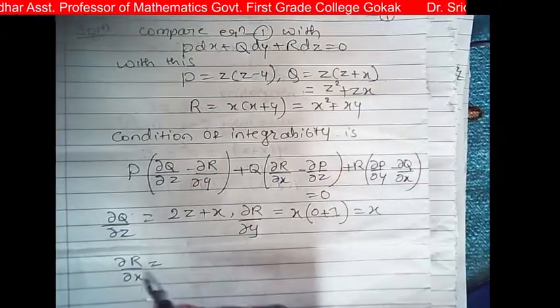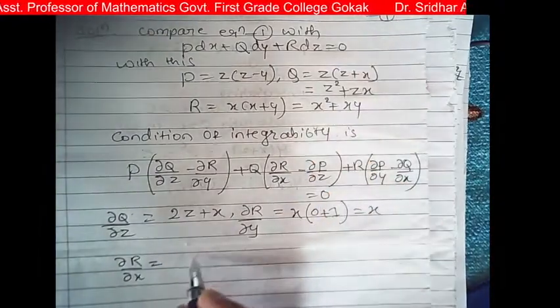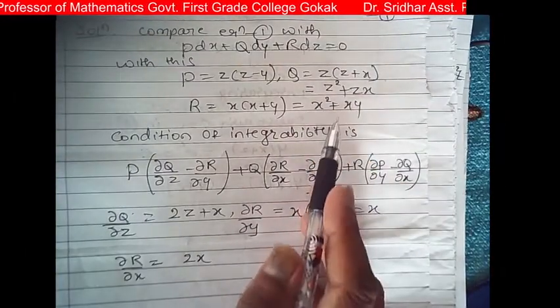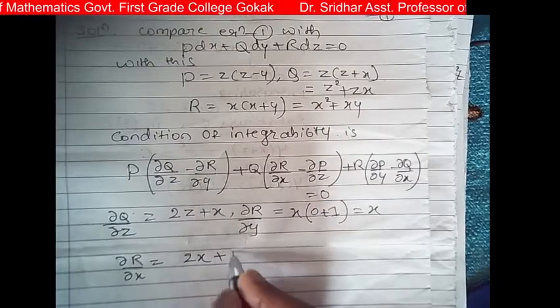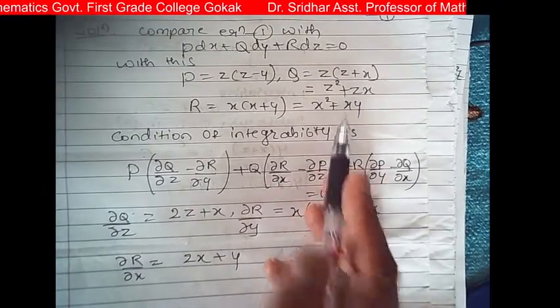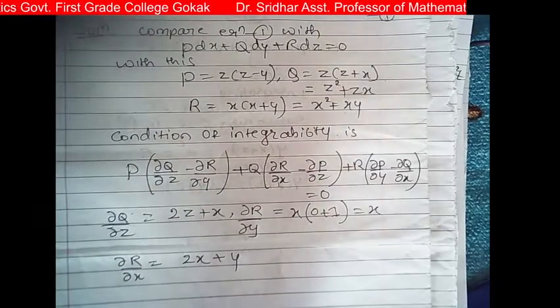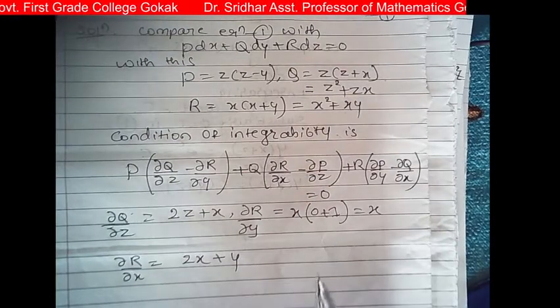Then what is dou R by dou x? It is 2x. Then here y is constant because we are differentiating with respect to x. So y into differentiation of x with respect to x is 1. So it is equal to 2x plus y.